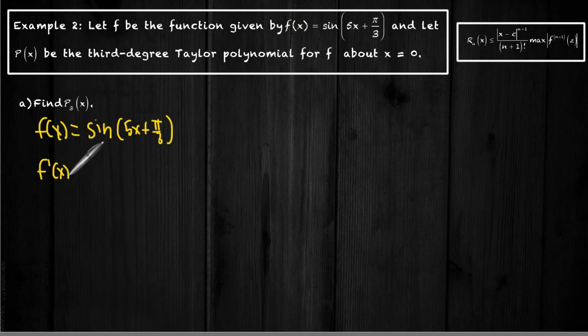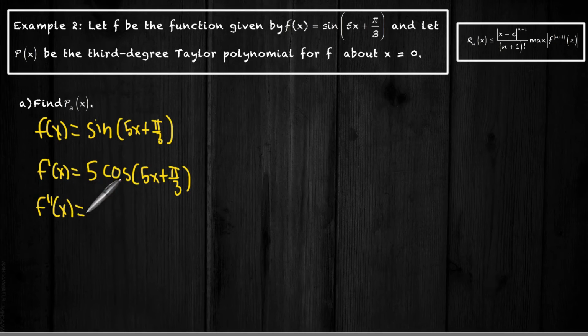So f prime of x is going to be, the derivative of sine is cosine, and we're going to leave the inside alone and then multiply by the derivative of the inside, which is 5. So that's your chain rule. Then your second derivative: the derivative of cosine is negative sine, so negative 5 sine, leave the inside alone, and multiply by the derivative of the inside, which is 5.